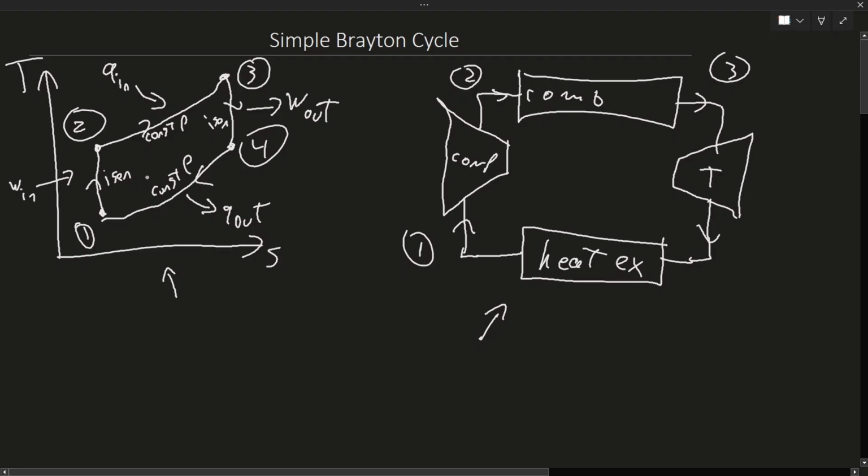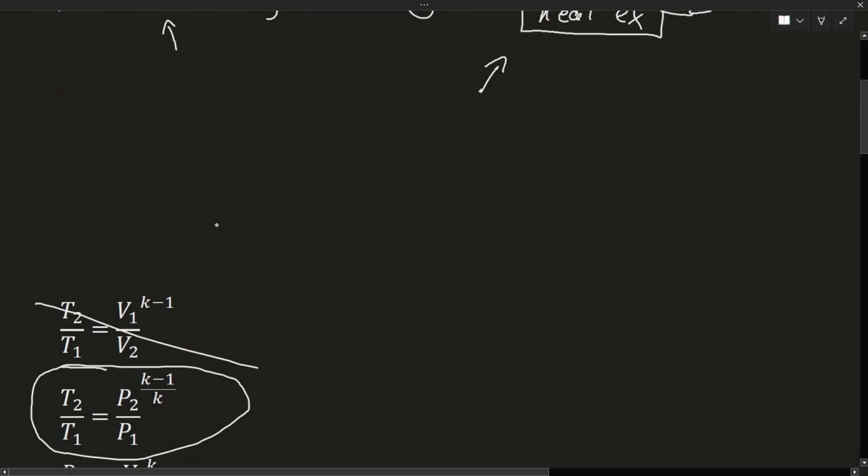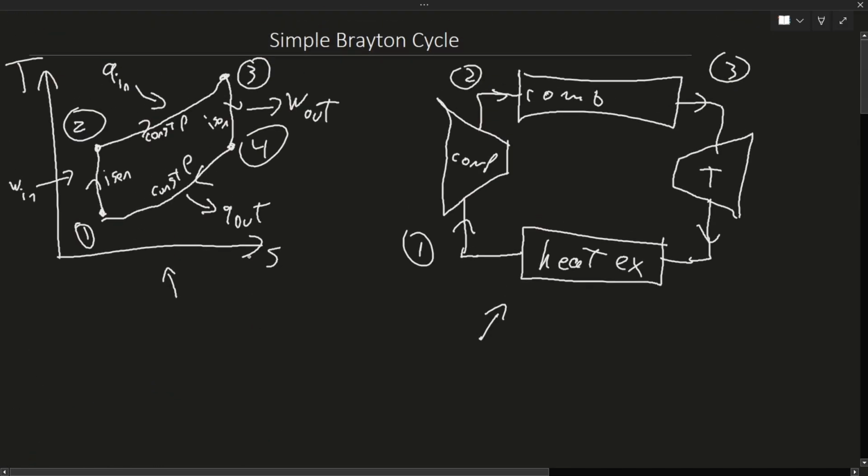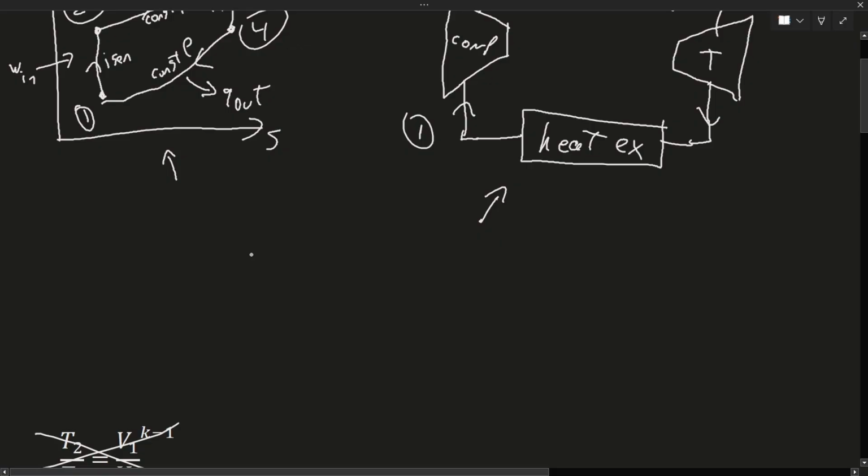What does isentropic reactions mean? It basically means that you can use these equations, okay? This should be in your formula sheet. We don't need these volumes over here. We're just going to use this equation over here, okay? This should usually be in your cheat sheet or your formula sheet.